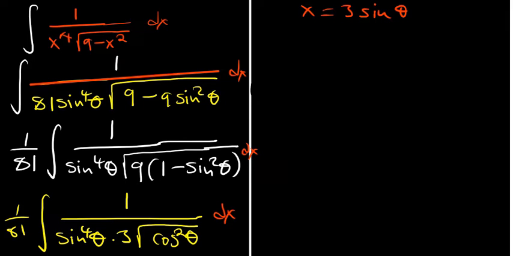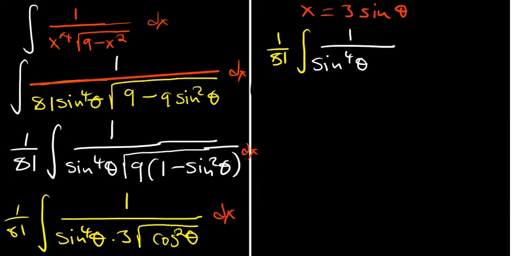Okay, so let's move. So we have 1 over 81, and then we have the integral of that. So we can do away with a square root. So a square root of cosine squared of theta, I'll take a positive answer, so that we have sine 4 theta.